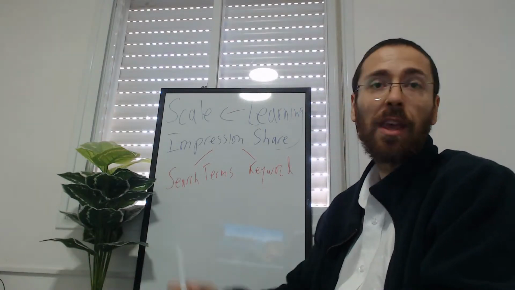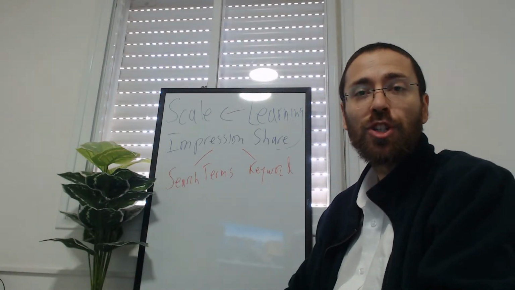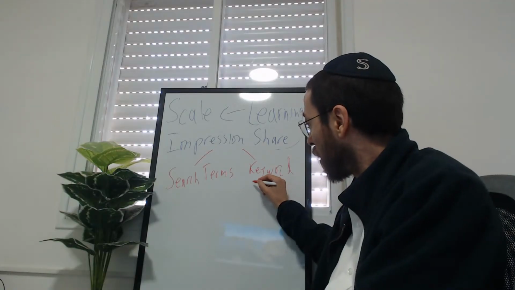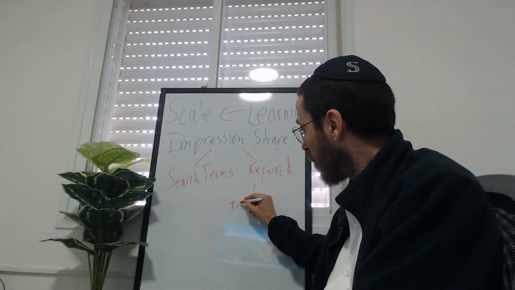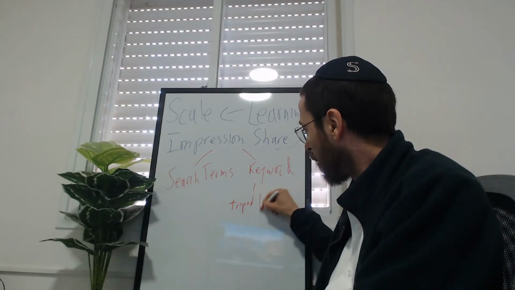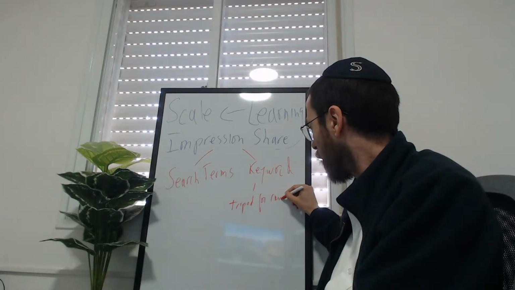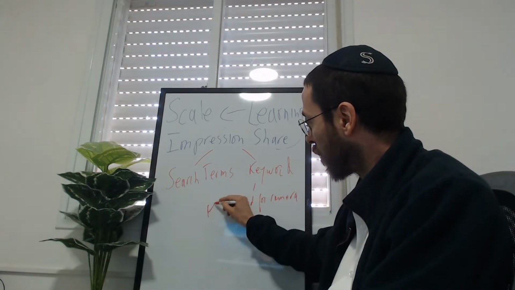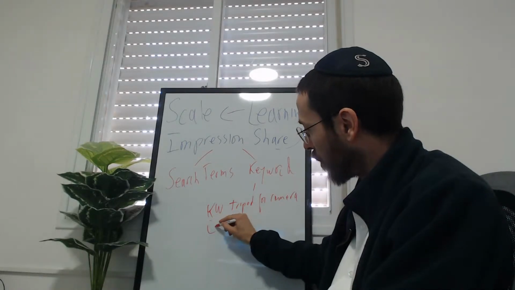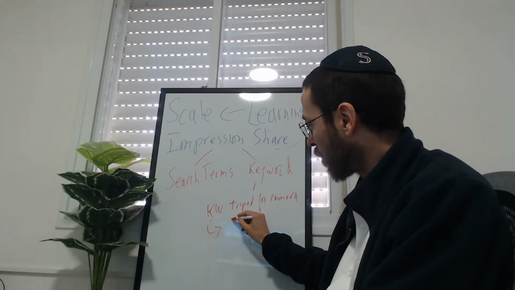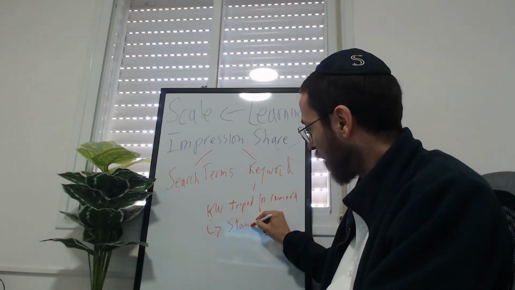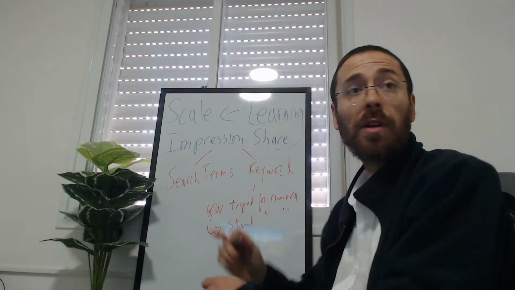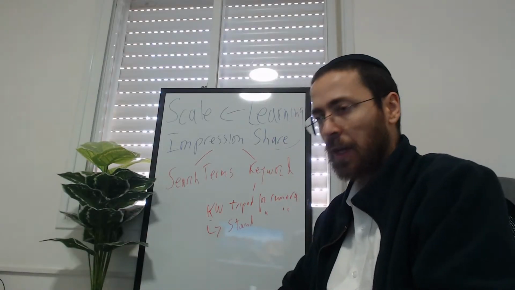And so when you see the keyword impression share for tripod for camera, that is going to include the search term stand for camera. Okay.